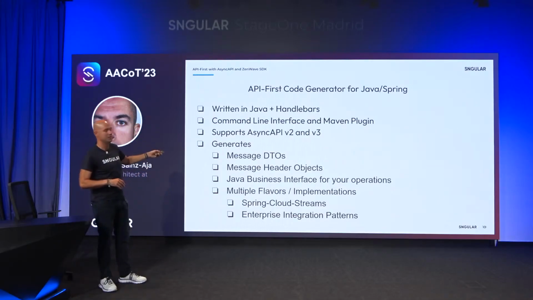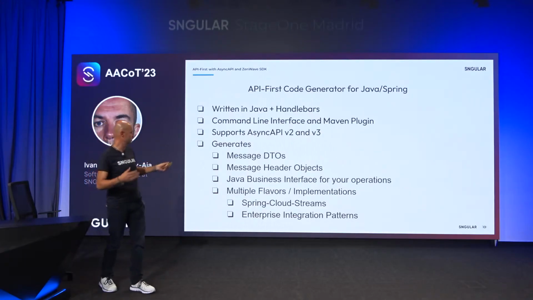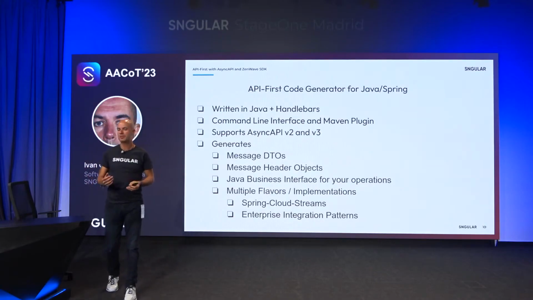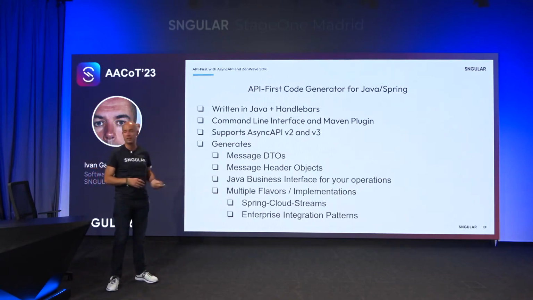It generates the DTOs for the messages, the header objects, the Java business interfaces, and it can generate multiple flavors for the implementation. Right now, we are using Spring Cloud Streams, which has connectors for most brokers.